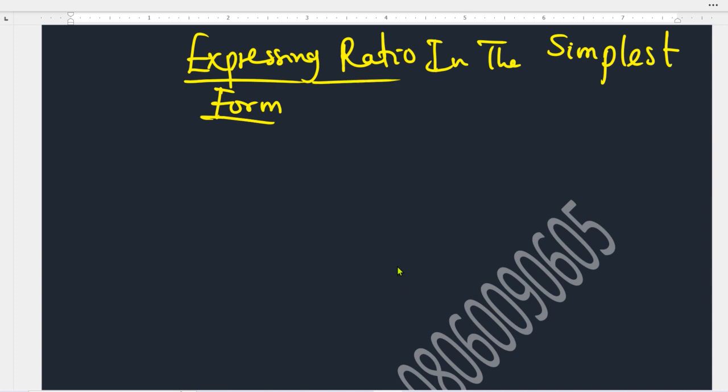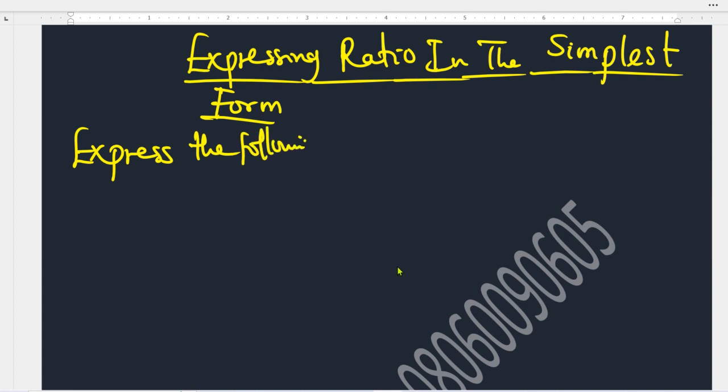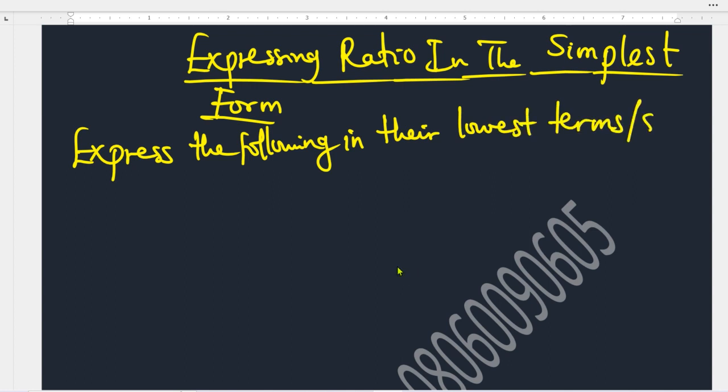Expressing ratio in the simplest form. Now look at the first one. Let's express the following in their simplest forms, or in their lowest terms. So it's either you say in the simplest forms or in the lowest terms.